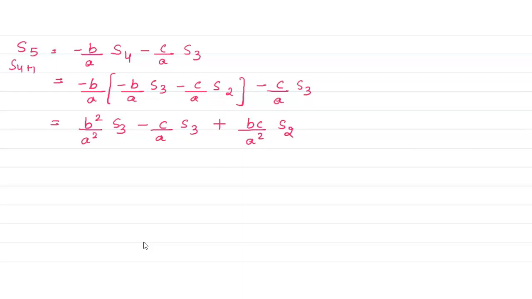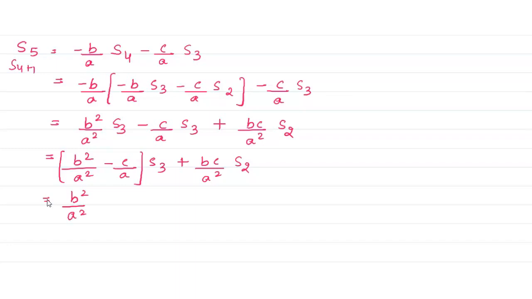S2, right? So it is b square by a square minus c by a S3 as common, plus bc by a square S2. Now again we will find S3, right?